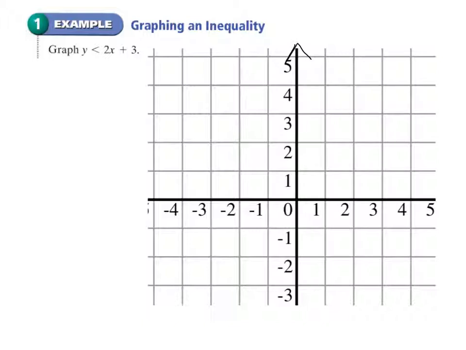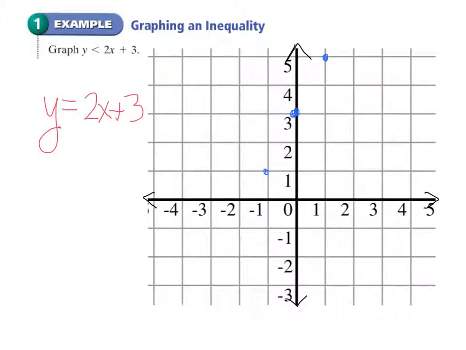So example number 1. We want to graph this inequality. Step 1, we are going to graph the boundary line y equals 2x plus 3. Since this is in slope-intercept form, I'm going to graph using slope and y-intercept. So 3, and I go up 2 over 1.